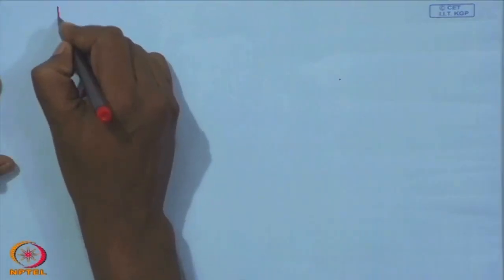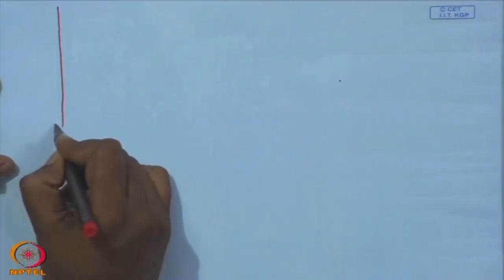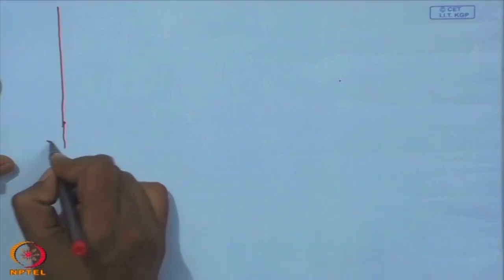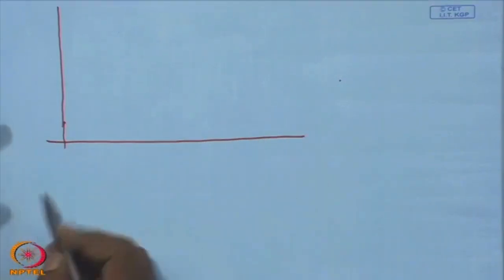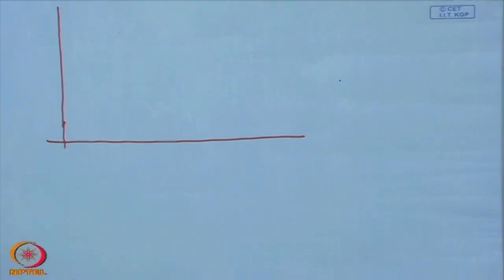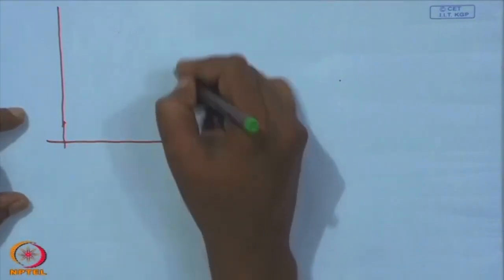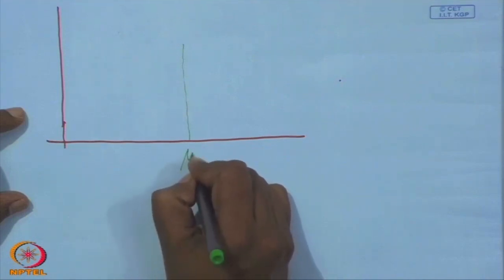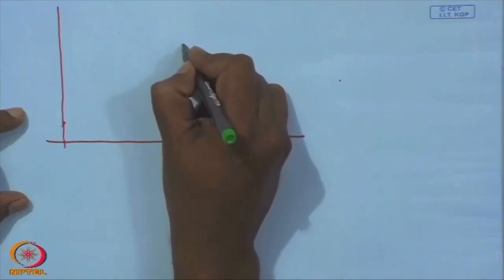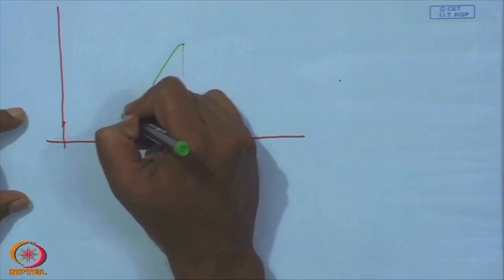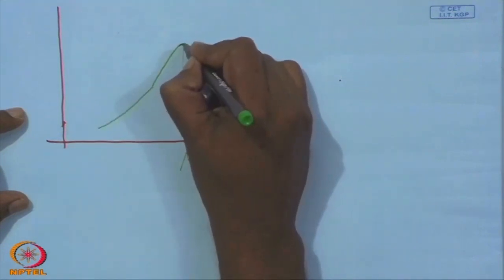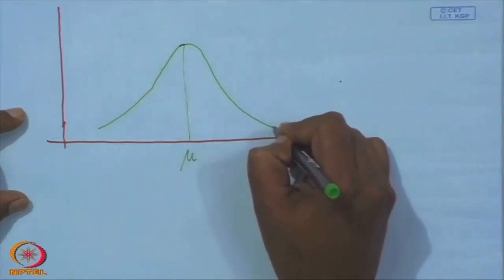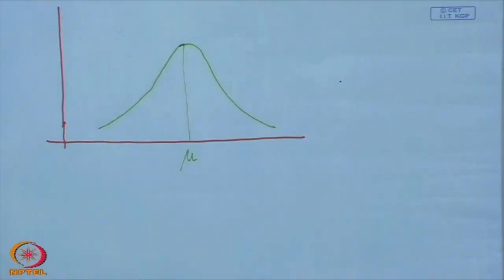So, let us start with the known form, the Gaussian distribution function, which was something like this. I had this mean location mu, and for a certain variance sigma square, the density curve is something like this.